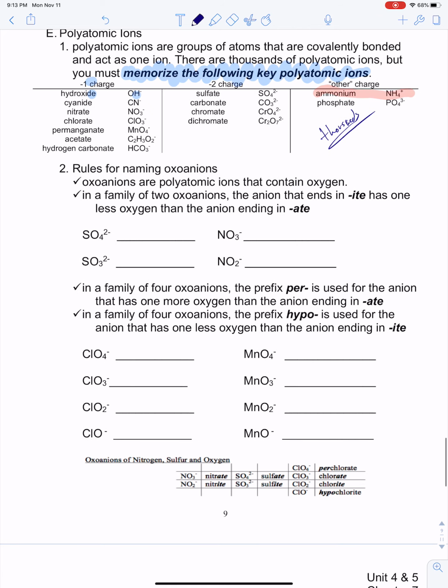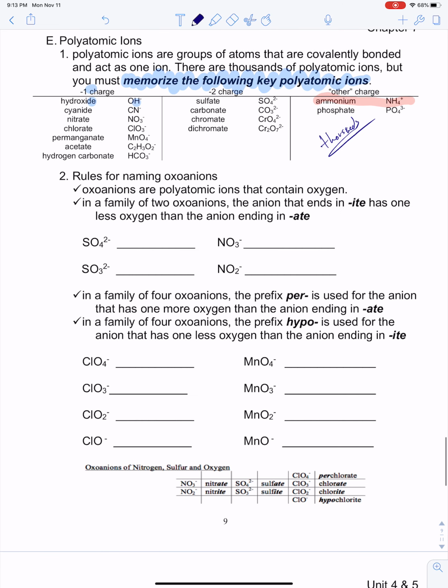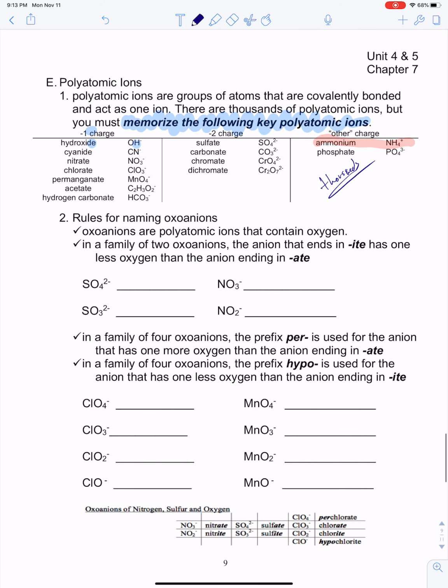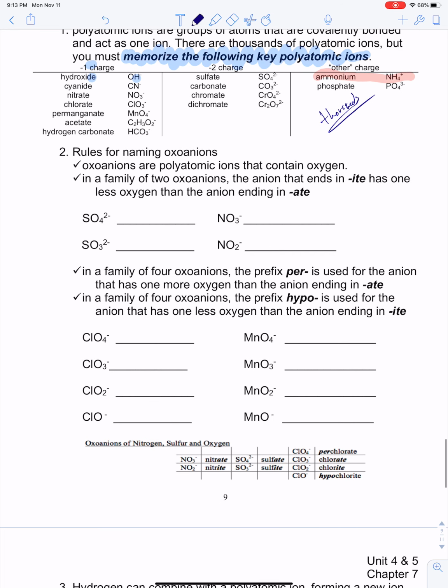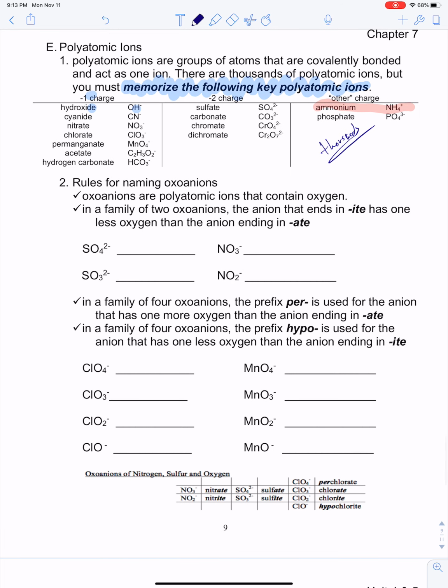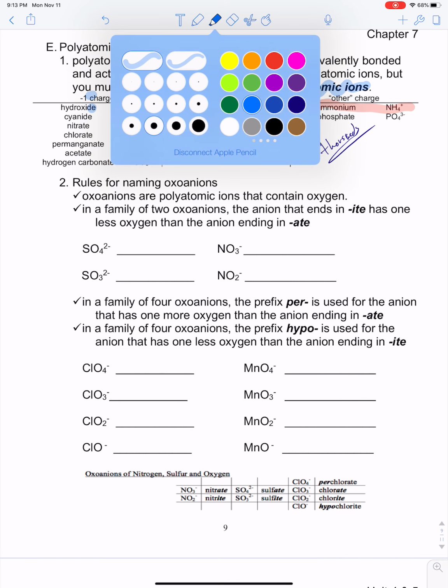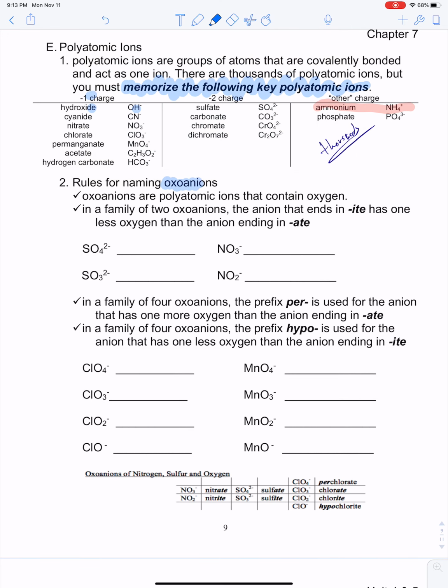So the first step will be knowing this set of polyatomic ions. The reason you need to know those is because there are rules for naming the ions that are related to these. The rules we're going to talk about today are rules for oxoanions.